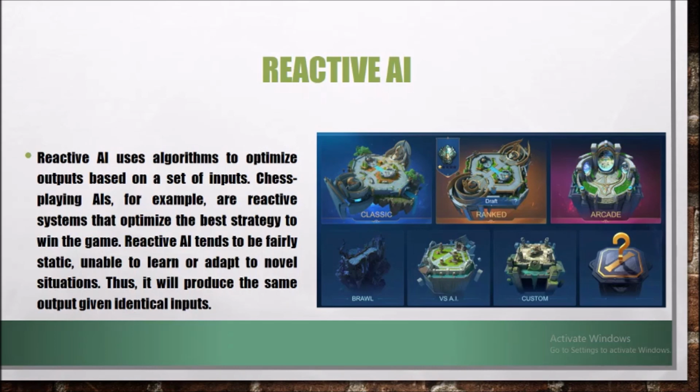Nakita niyo diha ang option, whether you can play on classic or rank or arcade, brawl, versus AI, and custom. Okay, so kung anong gihatag mo ni nako siya nga image niyo. It's because I think this is the easiest way on how to give a certain example about how AI works.